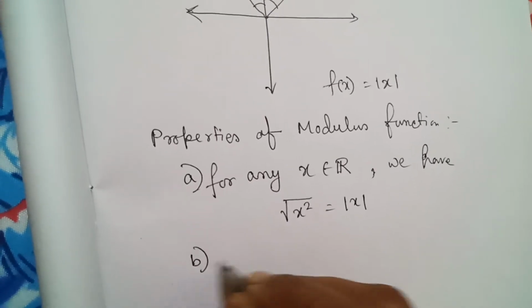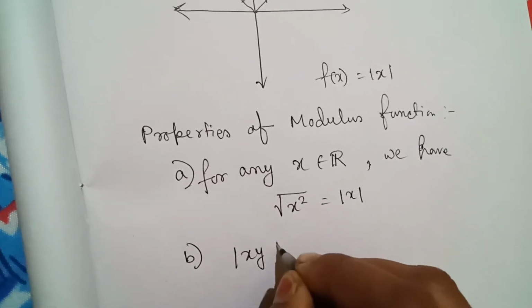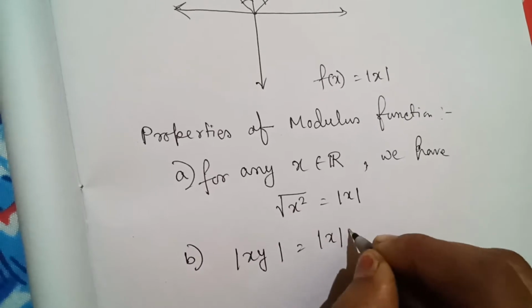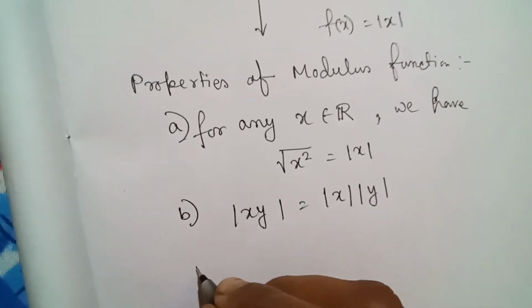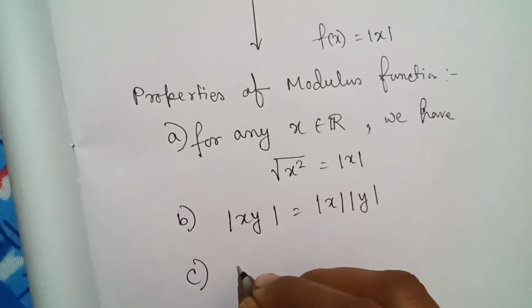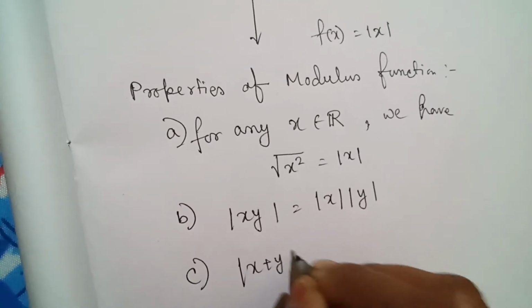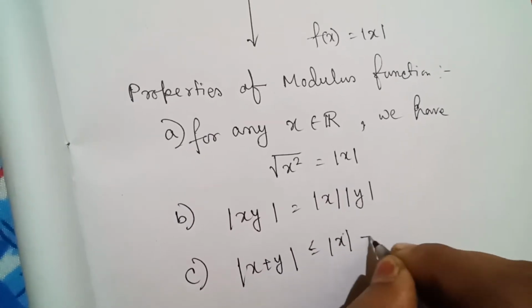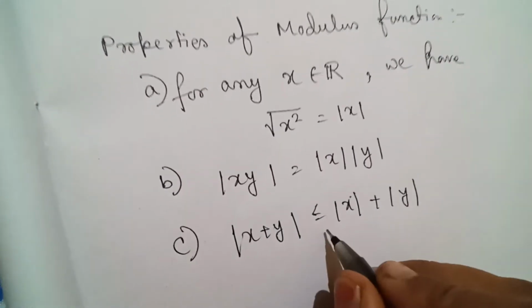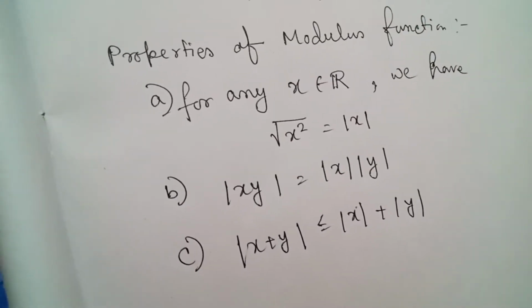Then number B, mod of xy is equal to mod of x into mod of y, individualizing the modulus. Number 3 or C, mod of x plus y is less than or equal to mod of x plus mod of y. It will not be equal.